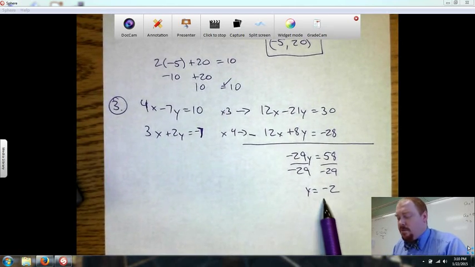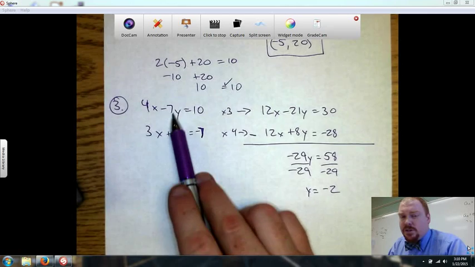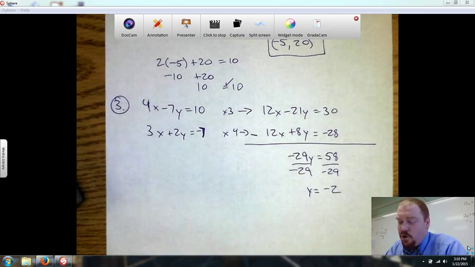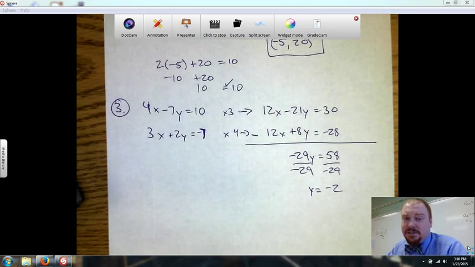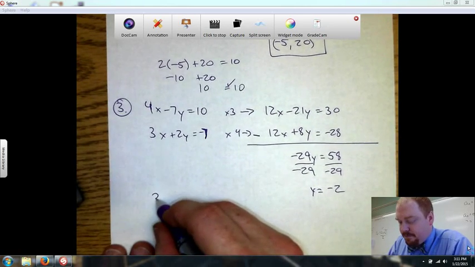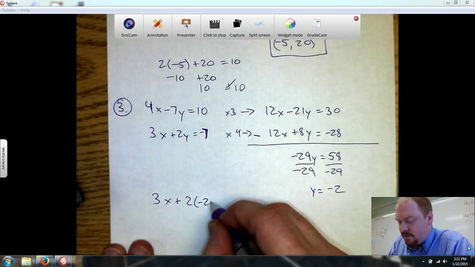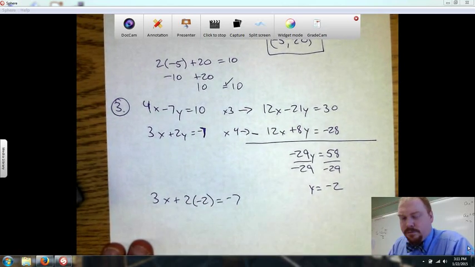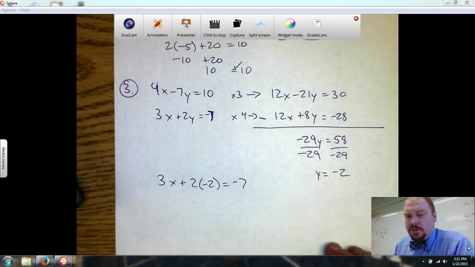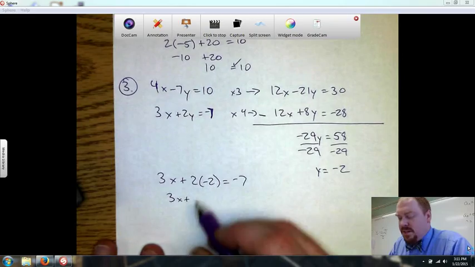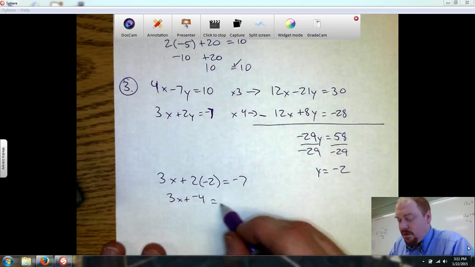So now I'm going to take that back into either equation over here, whichever one I think looks easiest, and plug that in. I'm going to use the bottom one now, just because. It really does not matter. y is negative 2. So, 3x, 2 times negative 2 is negative 4, equals negative 7.